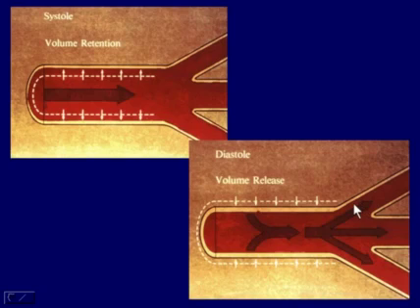Now the waveforms we see on duplex ultrasound tell us a lot. Normally when the systolic pulse is delivered to a vessel, that pressure makes the vessel expand slightly. We can see that on ultrasound. In systole, the vessel expands a little bit. And as the vessel expands, that expanded segment actually holds a volume of blood.